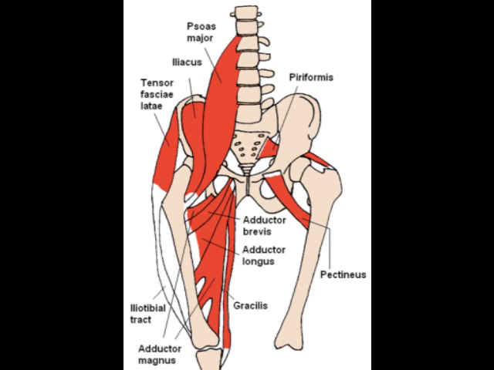Starting from the top there's the psoas major muscle, which connects to the lumbar area of your spine, the lower back, and that's where the genitofemoral nerve actually goes on top of that muscle and goes all the way down. Next to that is the iliacus muscle.